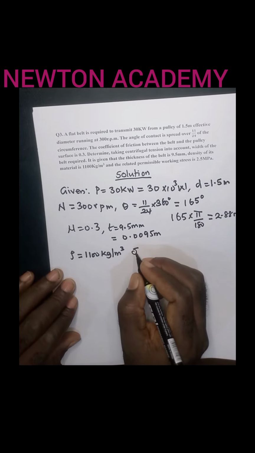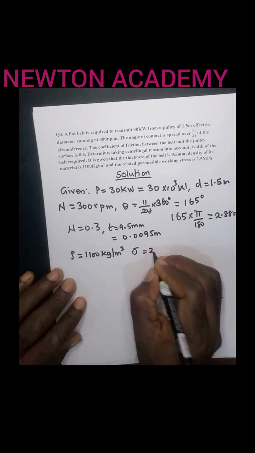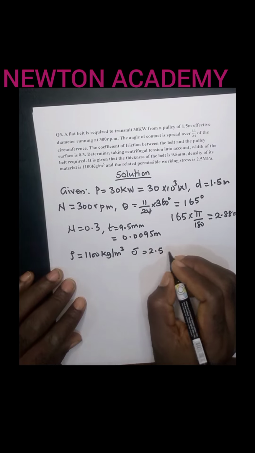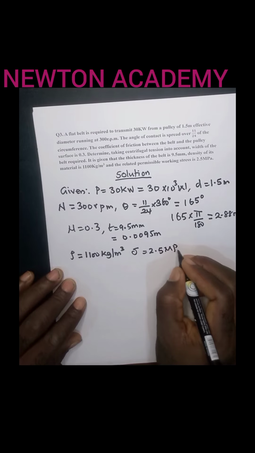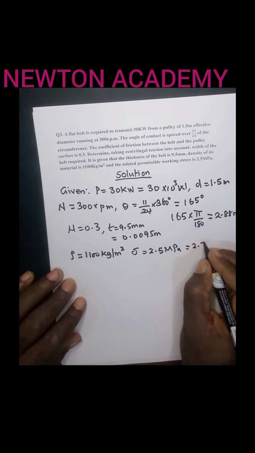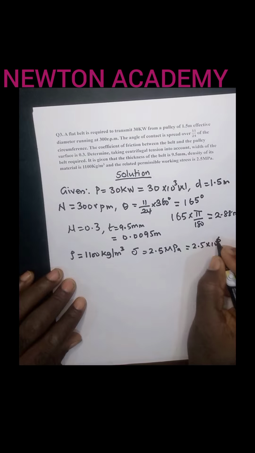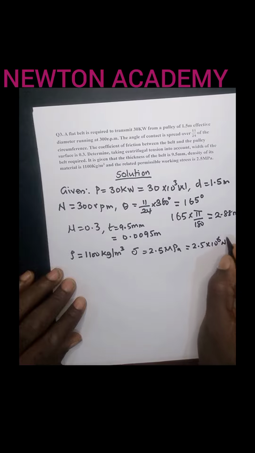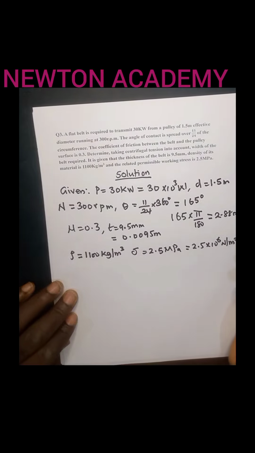Then we're given the density of the material of the belt to be 1,100 kilogram per meter cube, and the permissible working stress to be 2.5 megapascal, which is equal to 2.5 times 10 raised to the power 6 Newton per meter square. Now let's start.